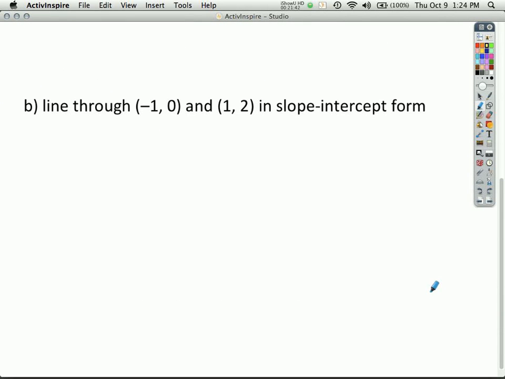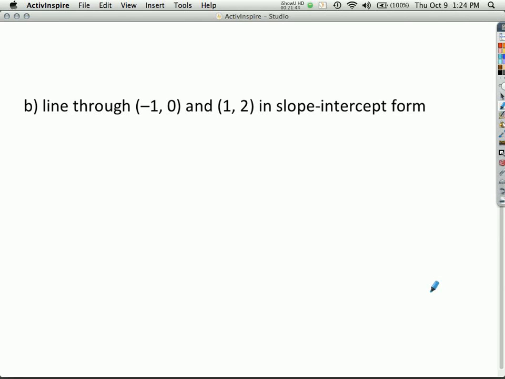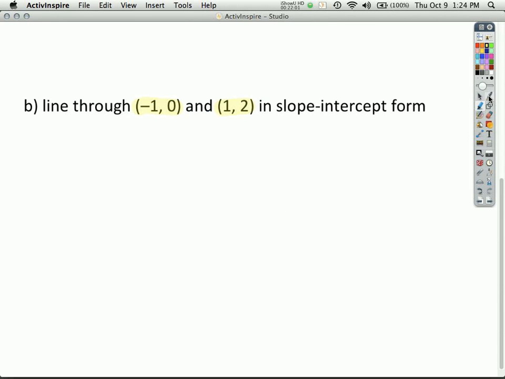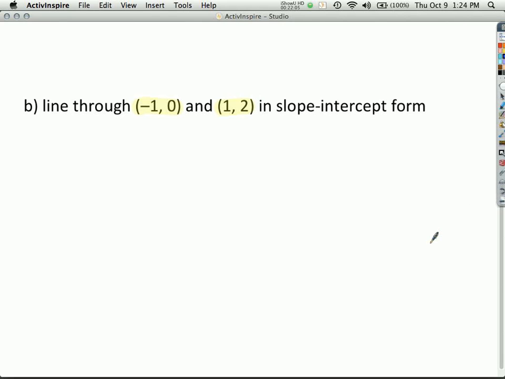So part B, we would like the equation of the line in slope-intercept form, that of the line that passes through -1, 0, and 1, 2. You'll recall that slope-intercept form is y equals mx plus b.